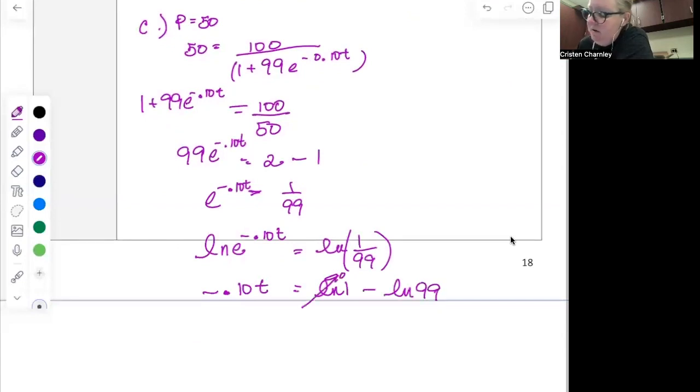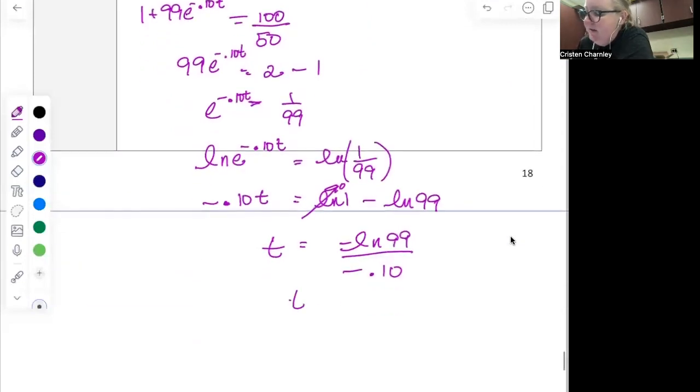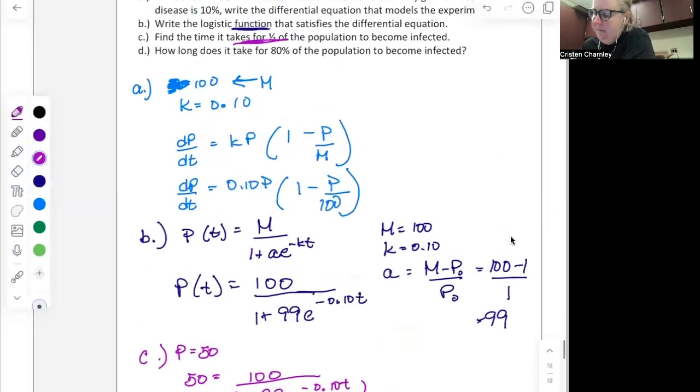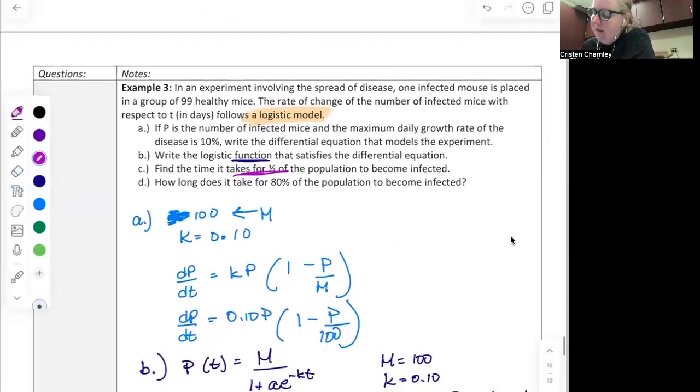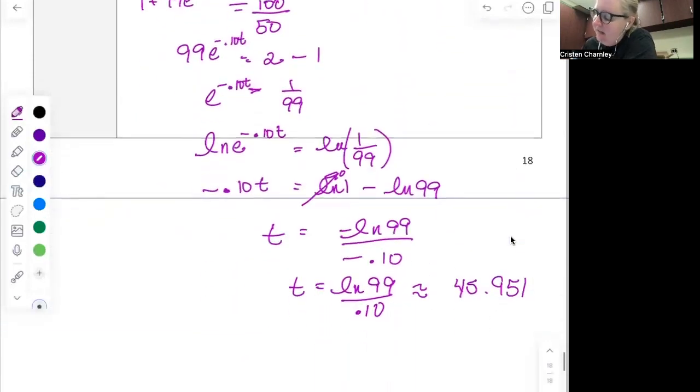This is 0. So t is equal to negative natural log of 99 over negative 0.10. Cancel my negatives. Natural log of 99 over 0.10. And I know that's not so helpful, so a decimal number would probably be better. And we get 45.951, and this one is given in days. So it would take 45 days, 46 days.